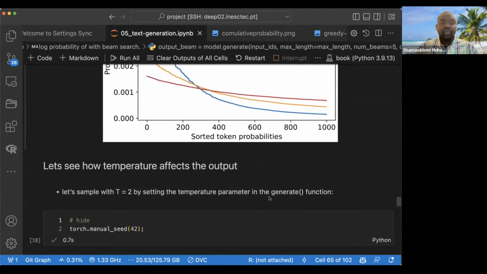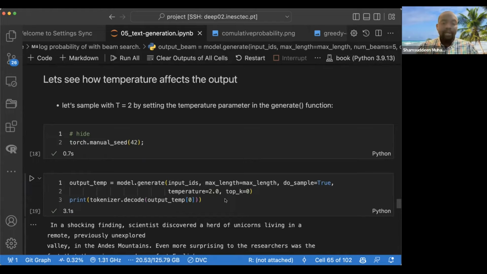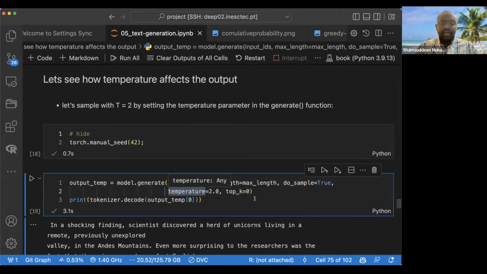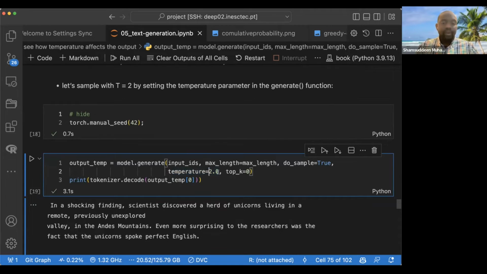So in a nutshell, when we want to generate text using sampling, we set do_sample to activate sampling, and we provide the temperature. Here we provide a temperature equal to 2, with top-k explained next.